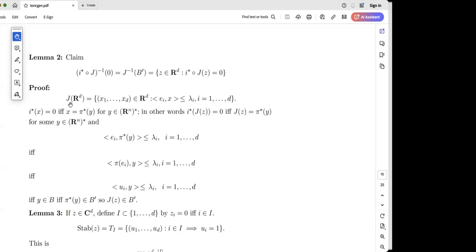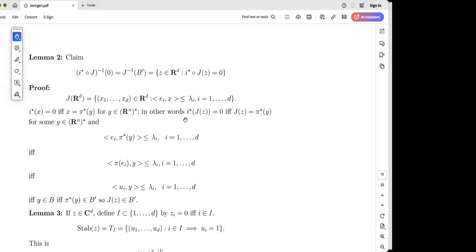So that means J of C^d is just the set of points x1 up to xd in R^d so that, for all i from 1 up to d, this is less than or equal to lambda_i. So I star of x is equal to 0 if and only if x is equal to pi star of y for y in R^n star.